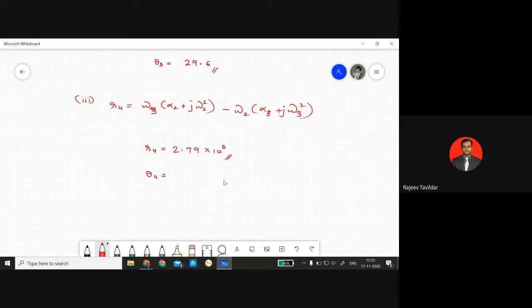What is the angle? 44.35, sir. Others, please verify, because usually the angle for theta 4 will be a little bit on the higher side compared to other angles.